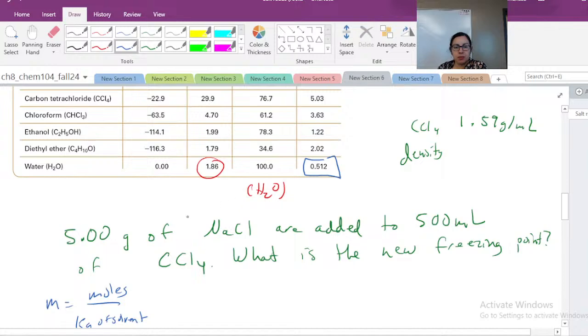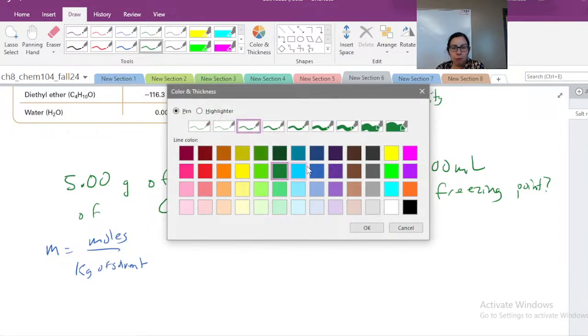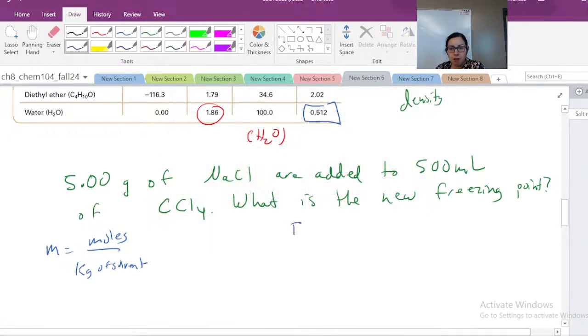So let's just do the sodium chloride first, so finding moles of that, because that'll probably be a little bit more straightforward. So find moles of sodium chloride. So we can take our 5 grams and then, remind me, what's the molecular weight of sodium chloride again?